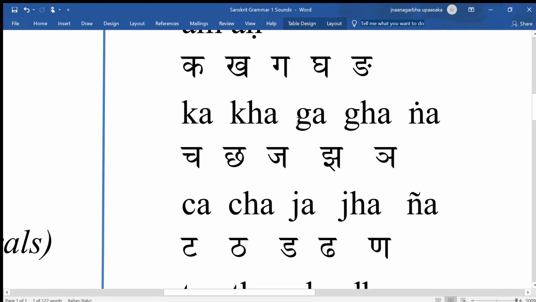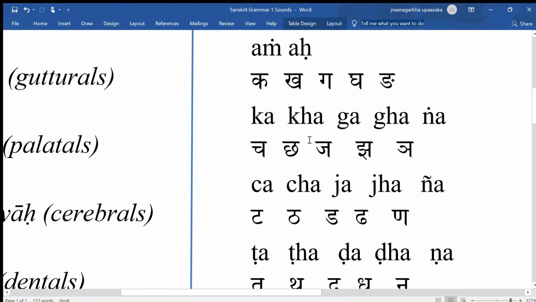But in the case of voiced consonants, we employ the voice from the beginning. And again, some speakers, depending on what the native language might be, find it difficult to distinguish between voiced and unvoiced, in which case it is good to exercise in pronouncing ka versus ga. So, ka, ga, ka, ga.